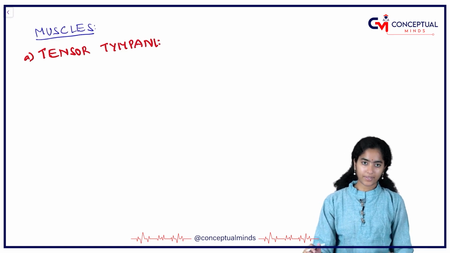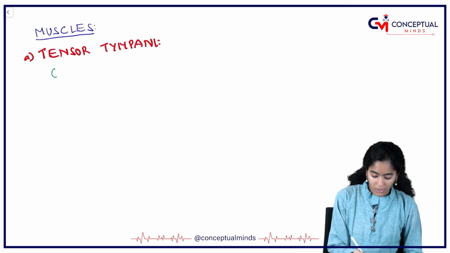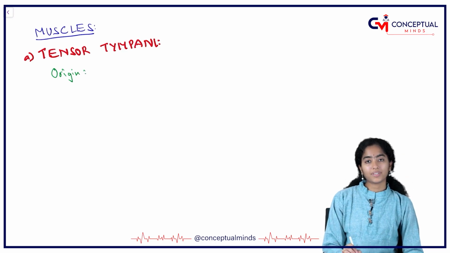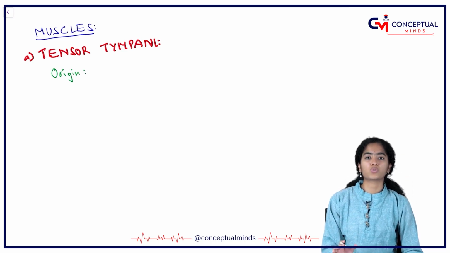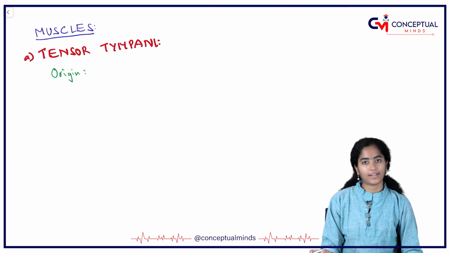So tensor tympani originates from the cartilaginous part of eustachian tube and the greater wing of sphenoid plus its own bony canal.